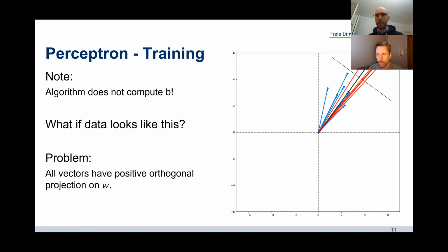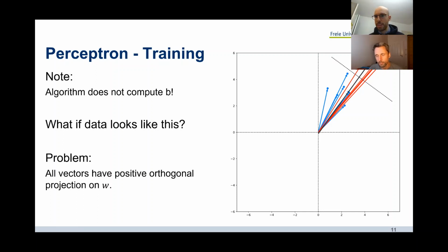In this case, obviously our algorithm does not work, because we assume that the orthogonal projections of our W for the positive and for the negative data points are different. And in this case, obviously all orthogonal projections are going to be positive. So this doesn't work.